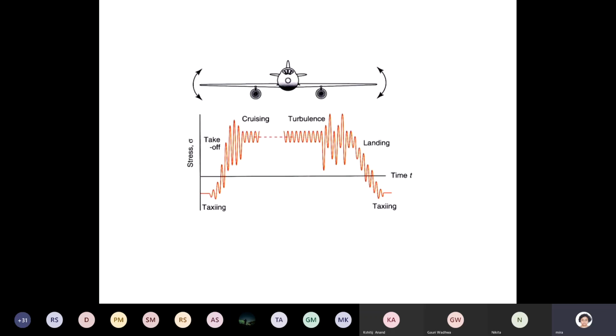So a metal can have high yield strength, high stiffness, but low fatigue resistance. Similarly, a metal with much lower yield strength can have very high fatigue resistance. So depending upon what component of the aircraft you are designing, you have to choose the material.